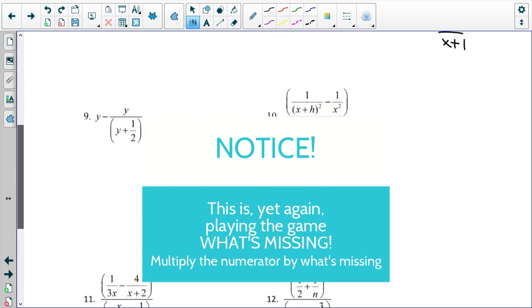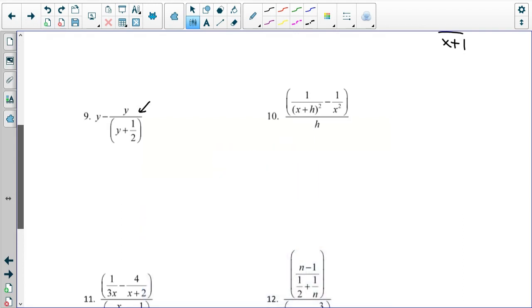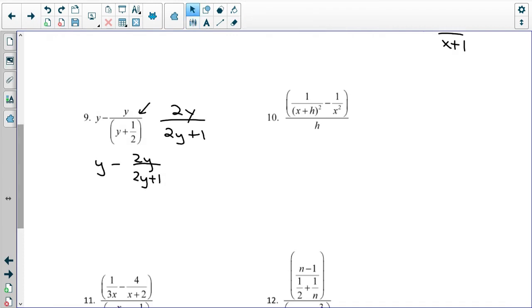Number 9. If I look at the common denominator of the denominators, just this part of the problem right now, that's a 2. So I'm going to multiply the numerator by 2. Then I'm going to multiply the denominator by 2. And so I end up with y minus 2y over 2y plus 1. And now I end up with a problem like the front side of the paper. So I'm going to multiply this y by 2y plus 1 over 2y plus 1.